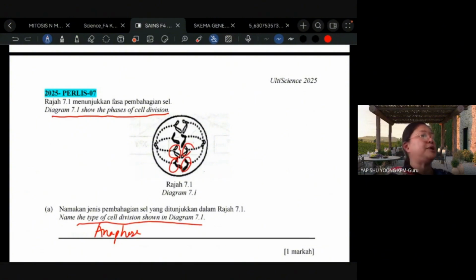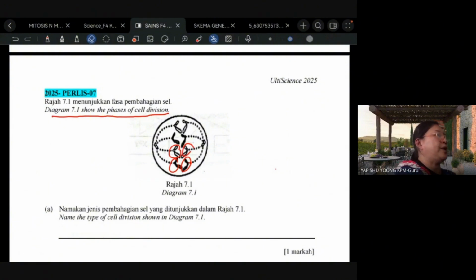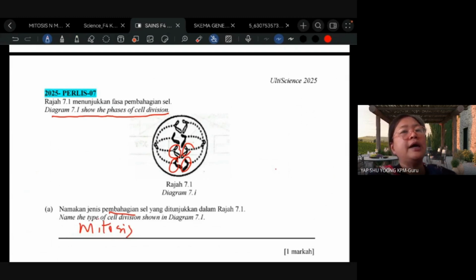So this one must be mitosis. Oh, sorry, wrong. They want the jenis pembahagian, not the phase. This is mitosis, not phase. They want the type of cell division. The type of cell division is mitosis. Okay, just now the answer was wrong.